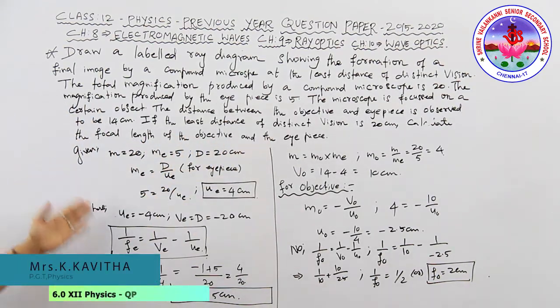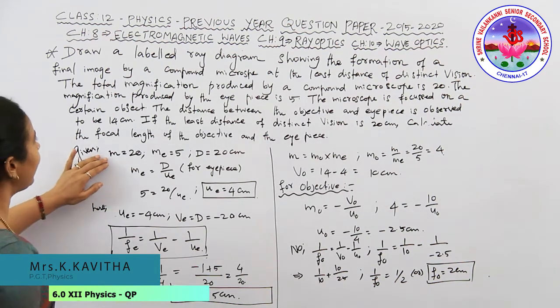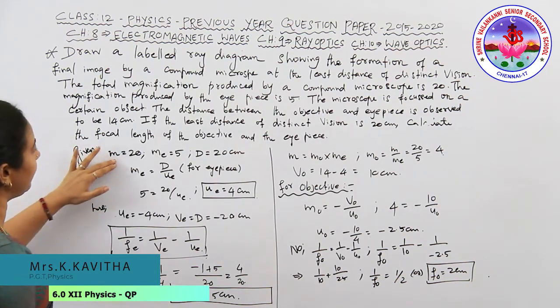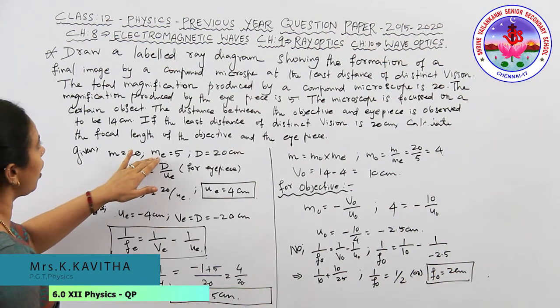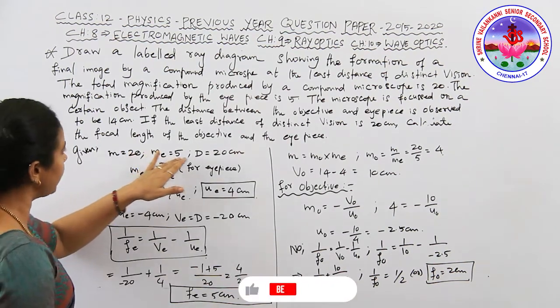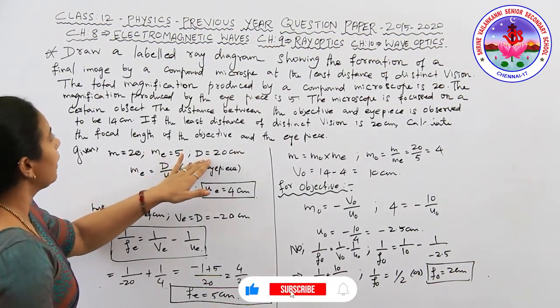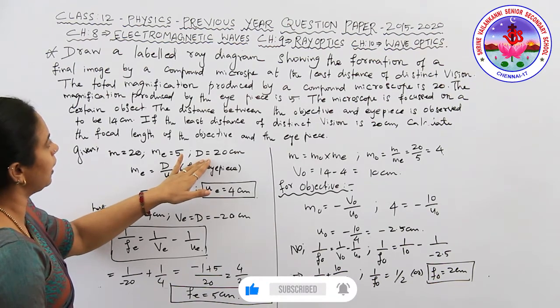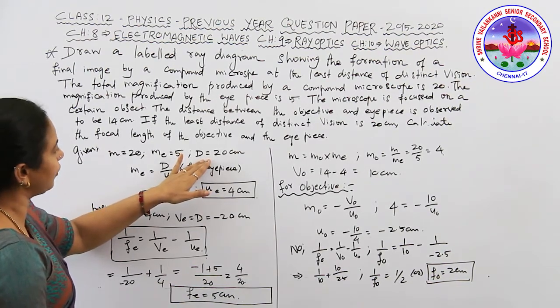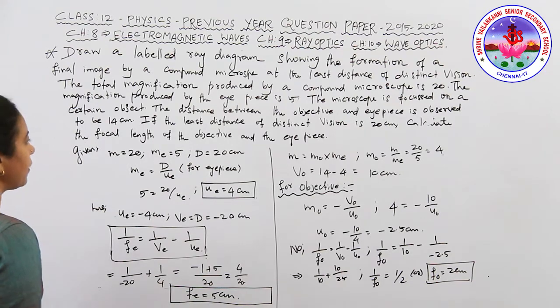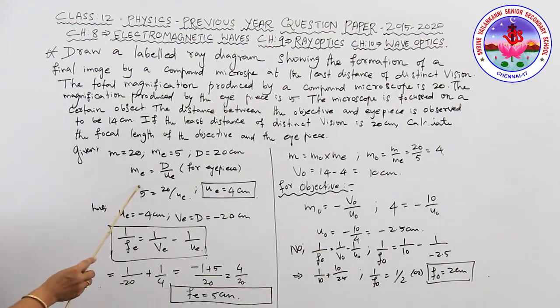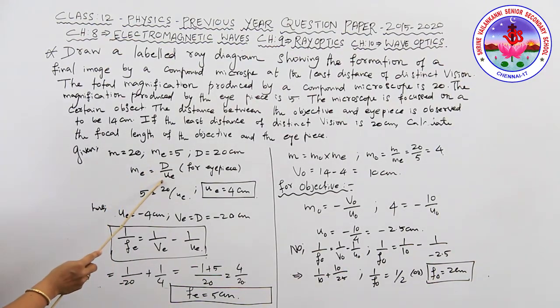First we can see the focal length of the eyepiece. They have given M which is equal to 20, and ME, the magnification of the eyepiece, is 5, and the least distance of distinct vision D is equal to 20 centimeter. The formula, as we know, is ME equal to D by UE, right?